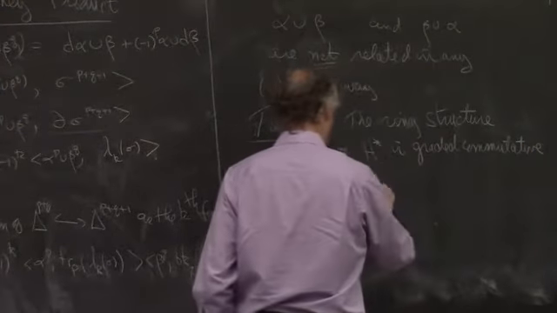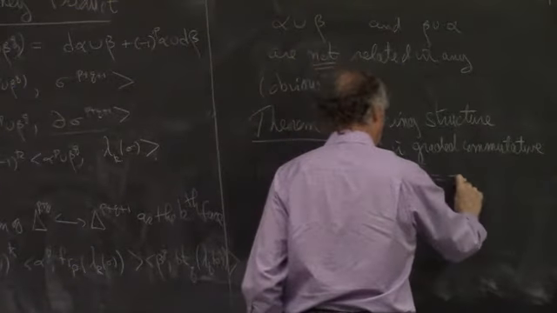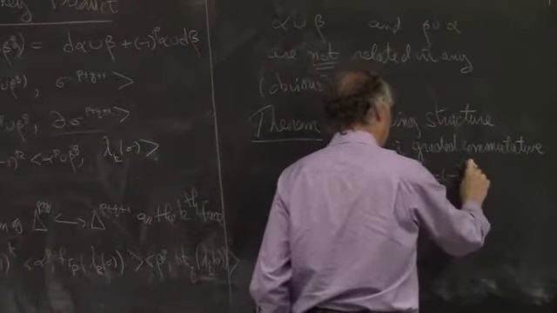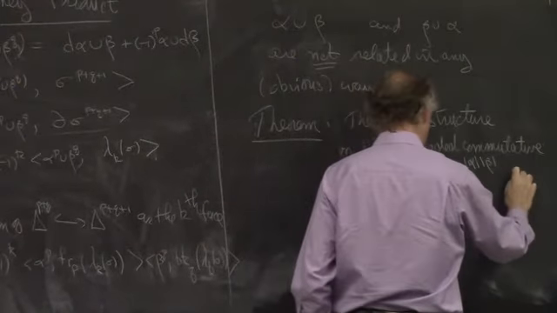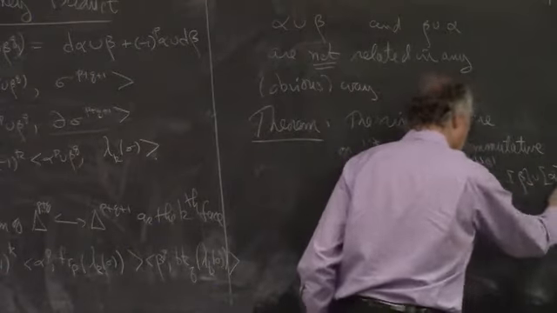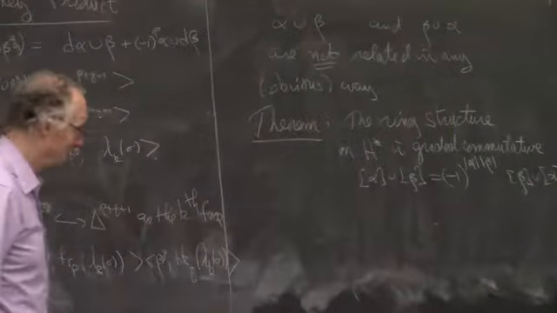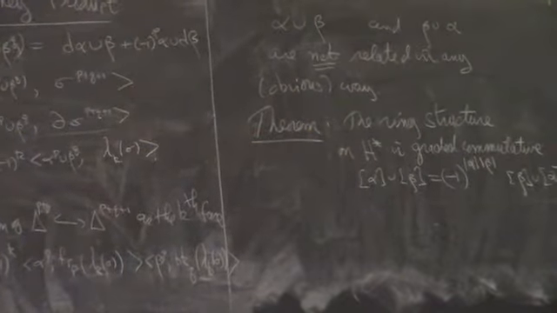And this is, the cohomology class of alpha times the cohomology class of beta is -1 to the degree of alpha times the degree of beta, times the cohomology class of beta times the cohomology class of alpha. And the proof of this is what I want to talk about next.